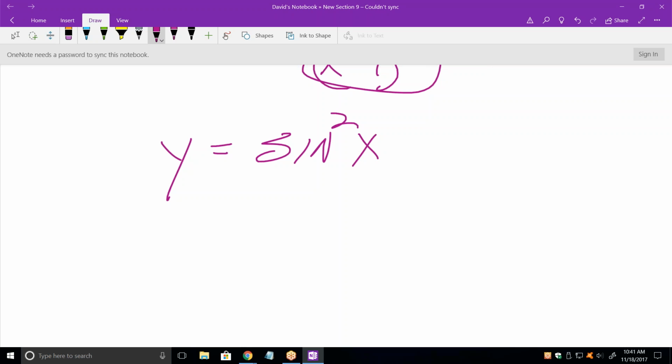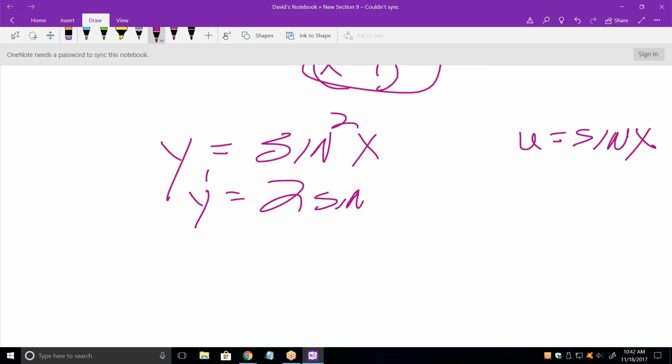But let's make sure we apply the chain rule. The chain rule in a nutshell says the derivative of the outside times the derivative of the inside. So the first question you always have to answer is, what is the inside? Sine of x. Good. So what's the derivative? 2 sine of x times cosine of x. Good.